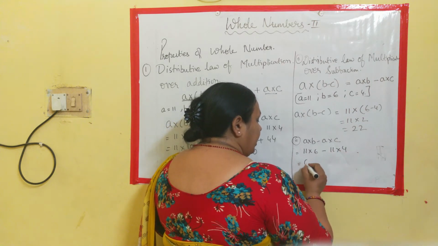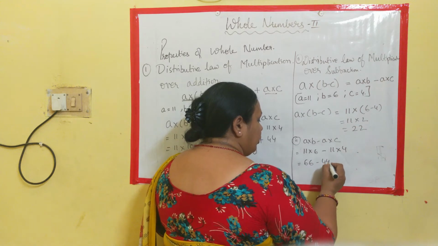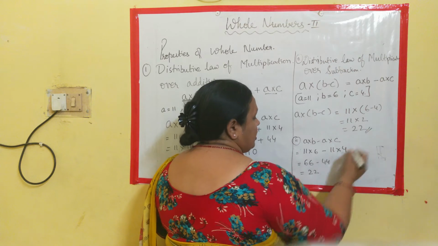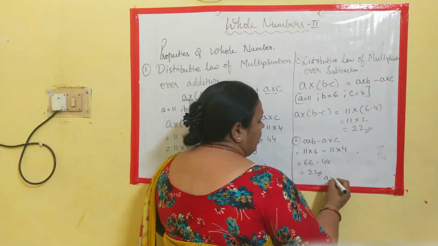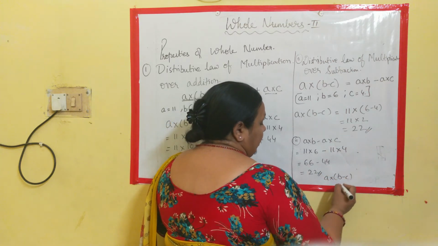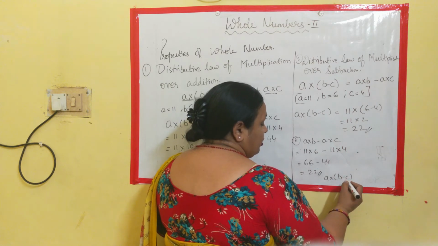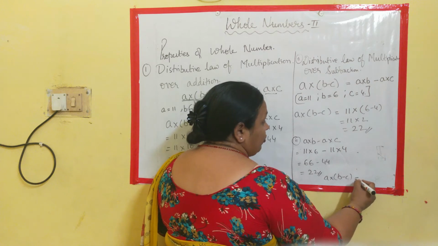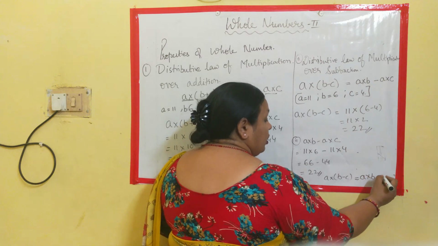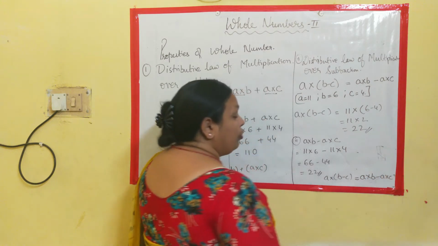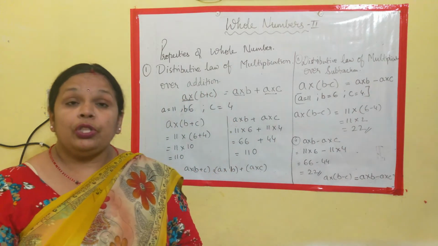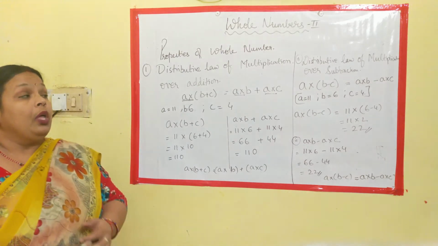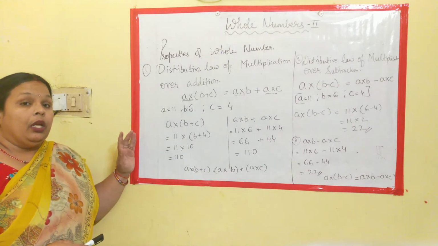We will be getting 66 minus 44. We are getting 22. Hence from this and this we can say that the distributive property of multiplication over subtraction is also found to be true.